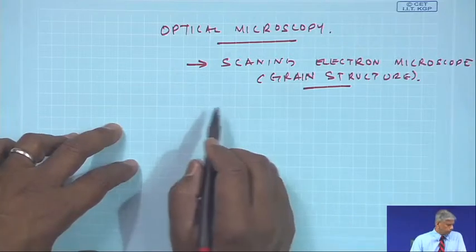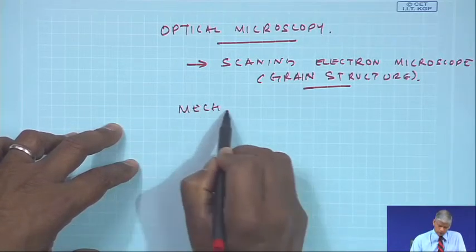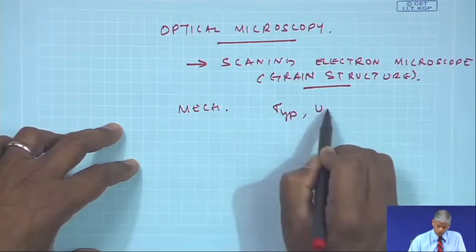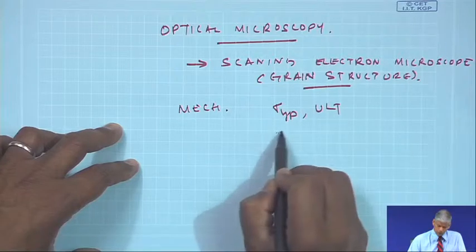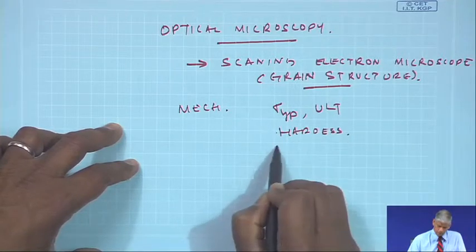And then all the mechanical properties, whatever we can measure, like yield point, ultimate strength, hardness, impact strength.